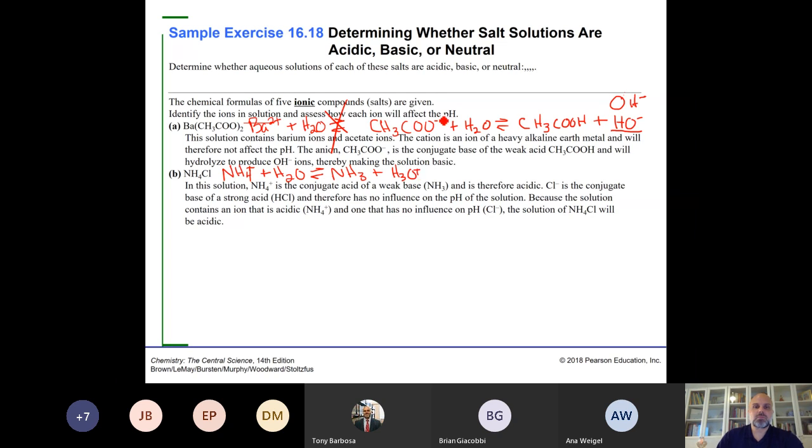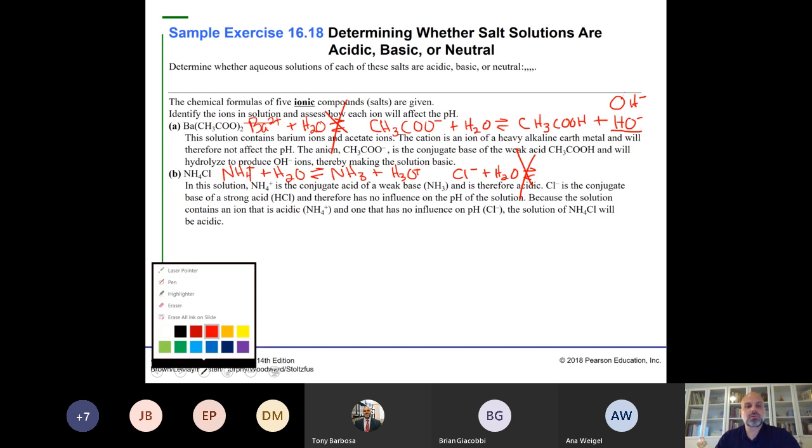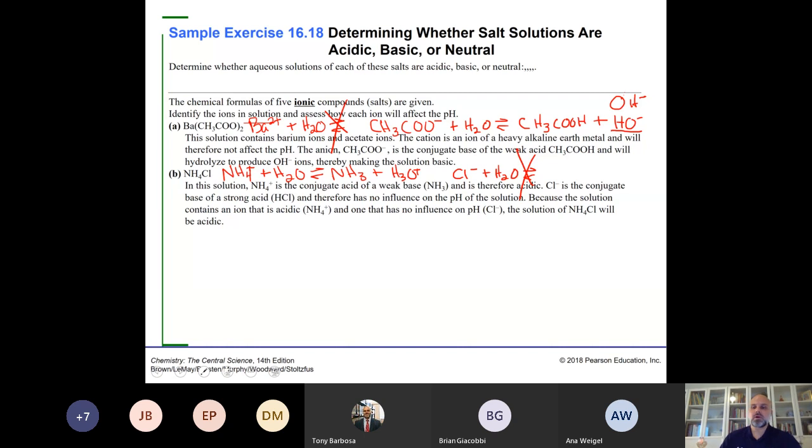So you can see we produced a strong acid in solution, so we're going to produce an acidic solution. Whereas the chloride, you try to react it with water and look for an equilibrium, has no equilibrium. So the only effect you're going to observe is coming from the ammonium ion, so we have an acidic solution.